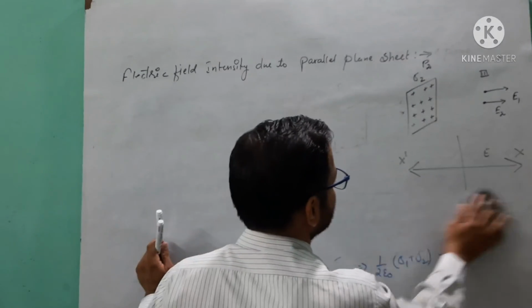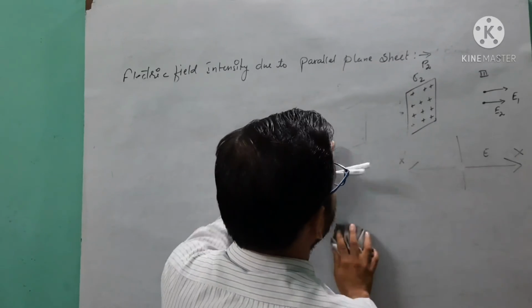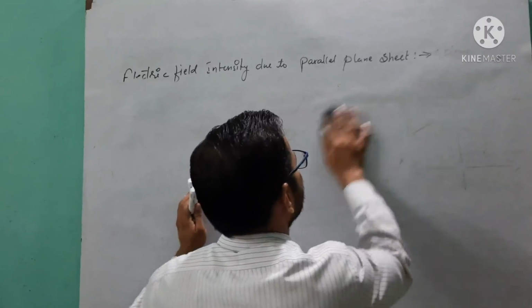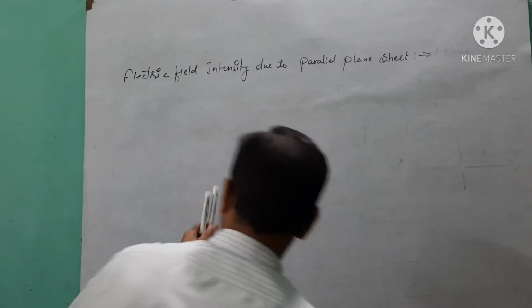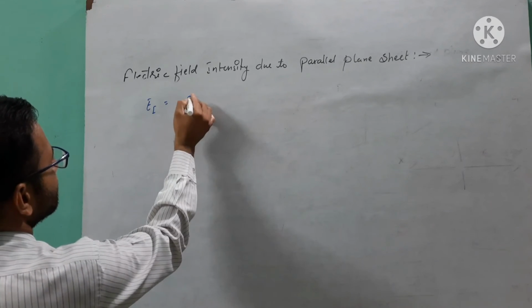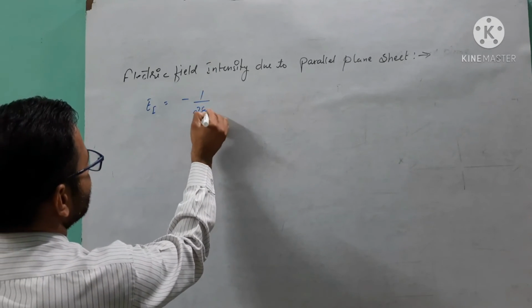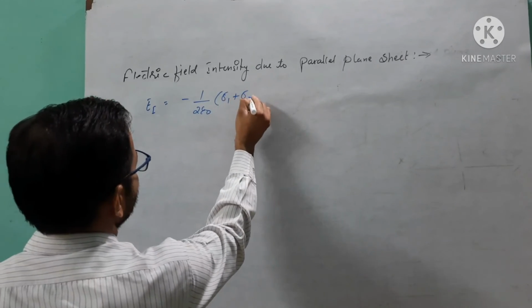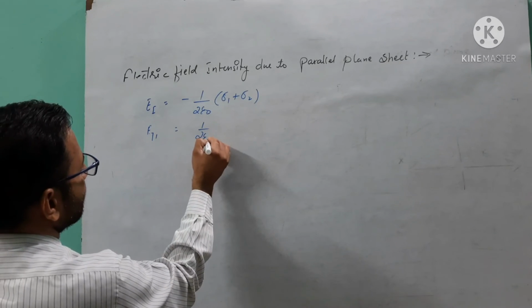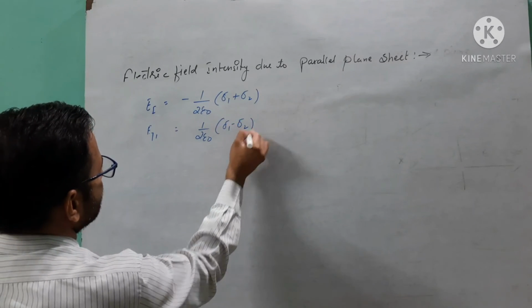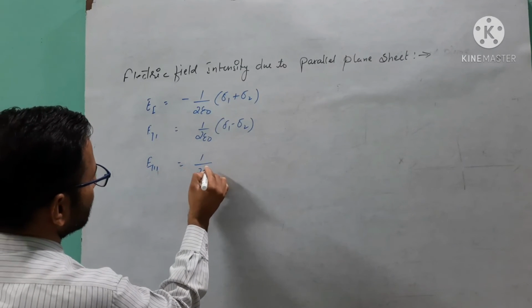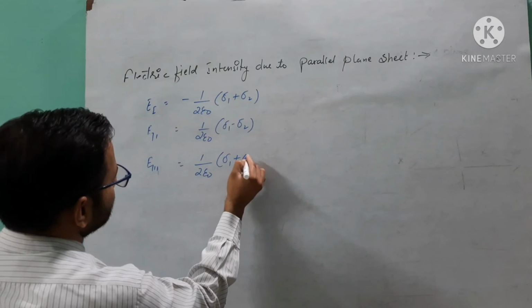As we know, the first result is E1 equals negative of 1 over 2 epsilon naught times (sigma 1 plus sigma 2), E2 in the second region is 1 over 2 epsilon naught times (sigma 1 minus sigma 2), and the third region is 1 over 2 epsilon naught times (sigma 1 plus sigma 2).